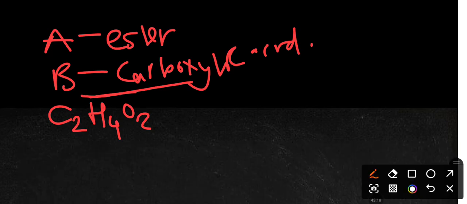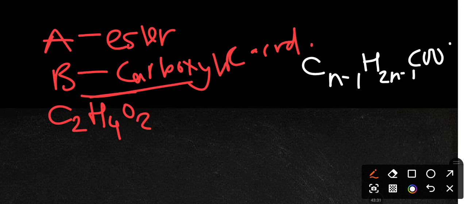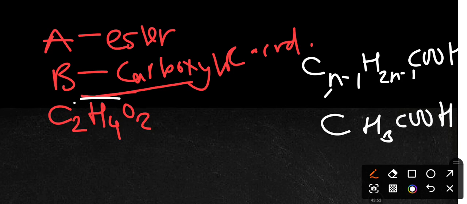Alright, carboxylic acids, remember they have this general formula, CnH2n+1COOH, like this, where this n basically represents the number of carbon atoms. So the formula of B would be CH3COOH, like this.